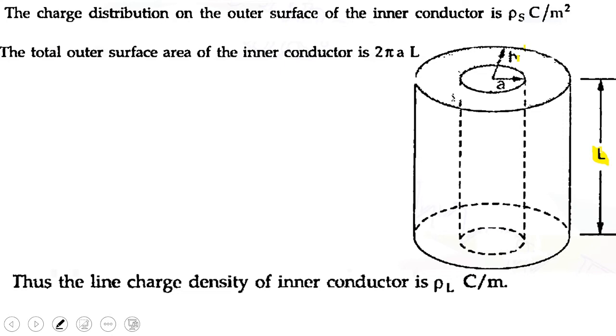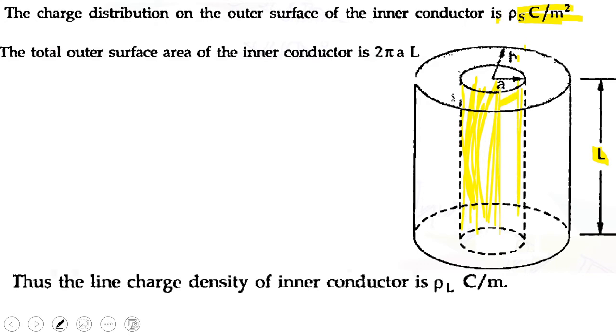Next, the main thing is about rho s. Rho s is the surface charge density of the outer surface of the inner conductor. This is our inner conductor, and we are taking here the outer surface of our inner conductor. We are taking the charge density as rho s.